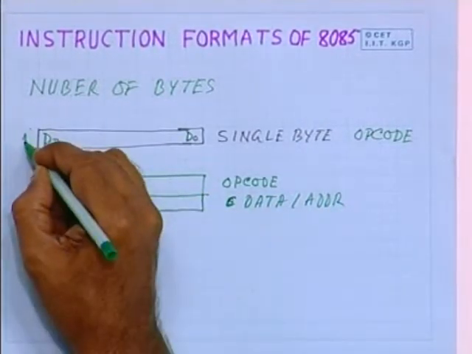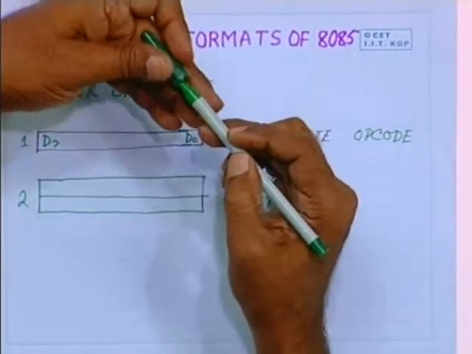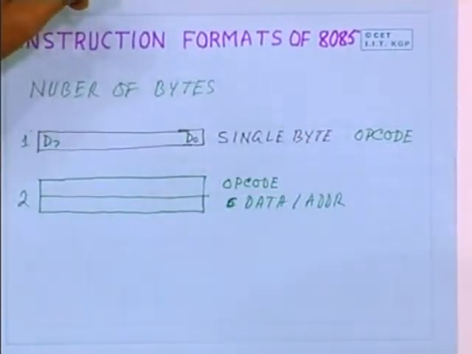In this case it is 1 byte, in this case it is 2 bytes. There are some instructions which will have 3 bytes.